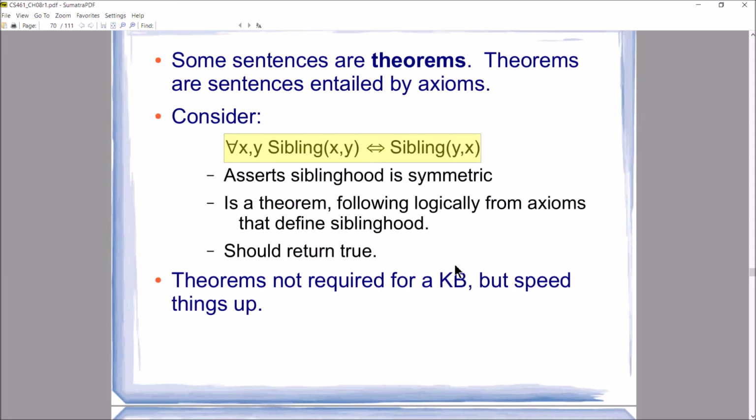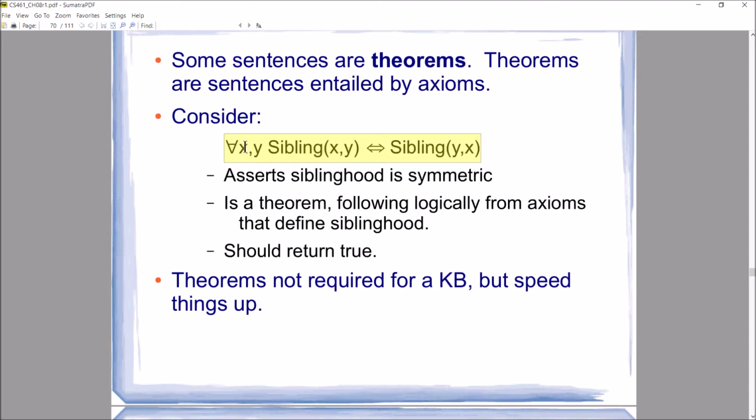Now, theorems themselves, it turns out, are not required for a knowledge base, because you can use some of the proof techniques, some of the algorithms that we saw earlier, on a knowledge base that is just composed of axioms, and you can get the right answer. But it's going to be slow.